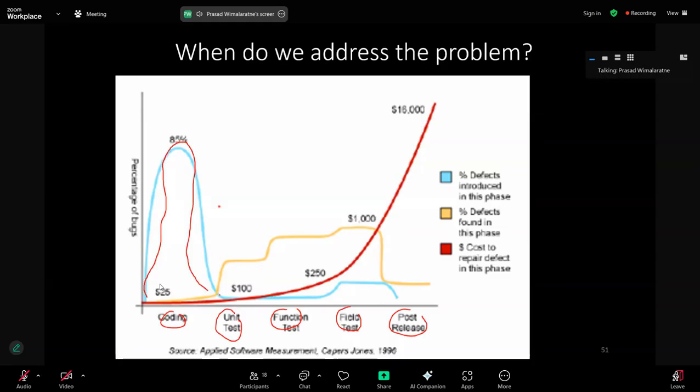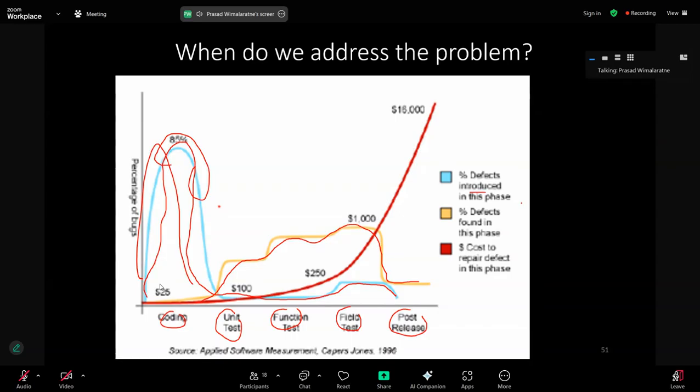Field testing also can introduce some, since you do changes, but most of the problems are introduced early. If you look at the orange one, defects found in this phase, you introduce so many problems early, but they are discovered later. As you go, the defects introduced go down, and hopefully the post-release ones go down as well.